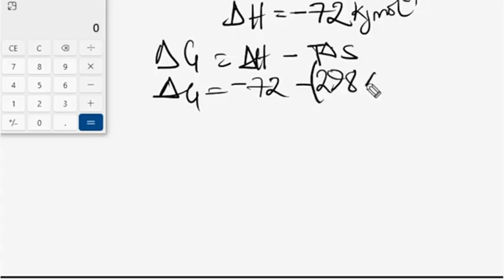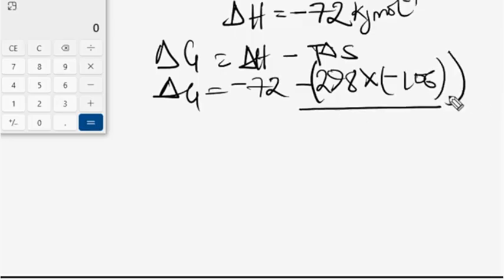Then this will be multiplied by delta S, which is negative 106. But in this situation, this is in joule per mole, so we have to convert to kilojoules per mole by dividing this by 1000.